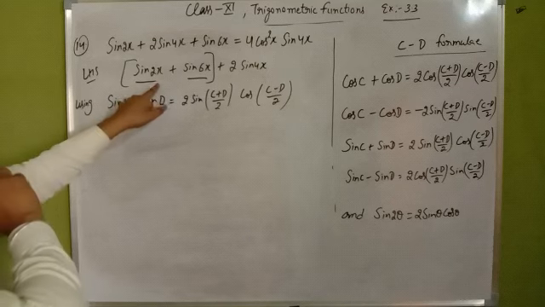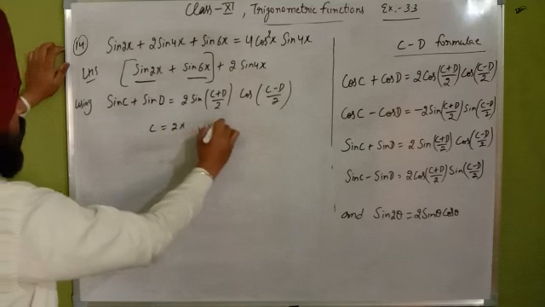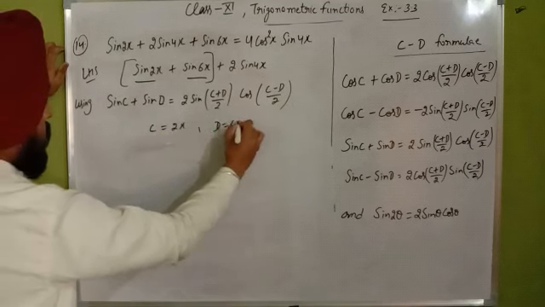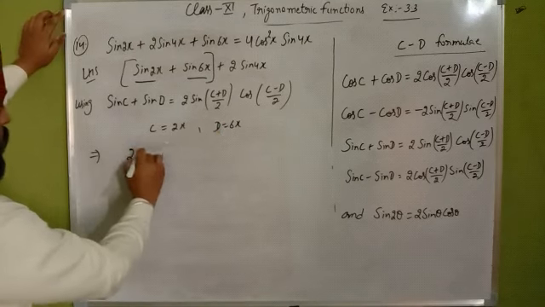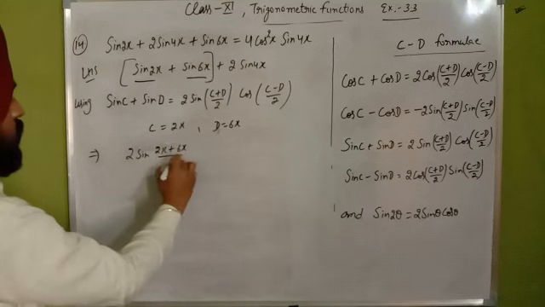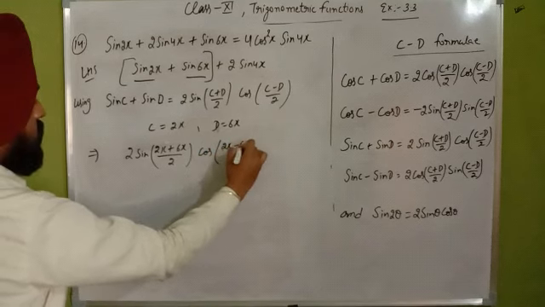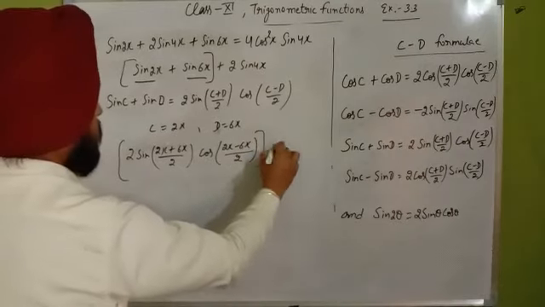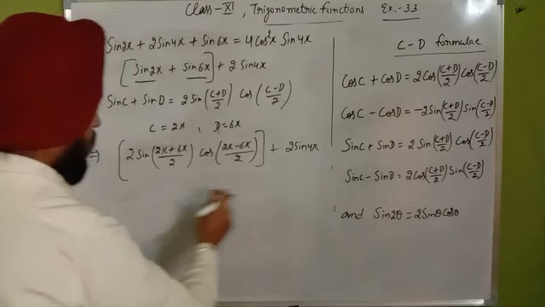That is sine c plus sine d, where c is equal to 2x and d is 6x. So put here, it implies 2 sine (2x plus 6x upon 2) into cos (2x minus 6x upon 2) plus this 2 sine 4x as it is, 2 sine 4x as it is.